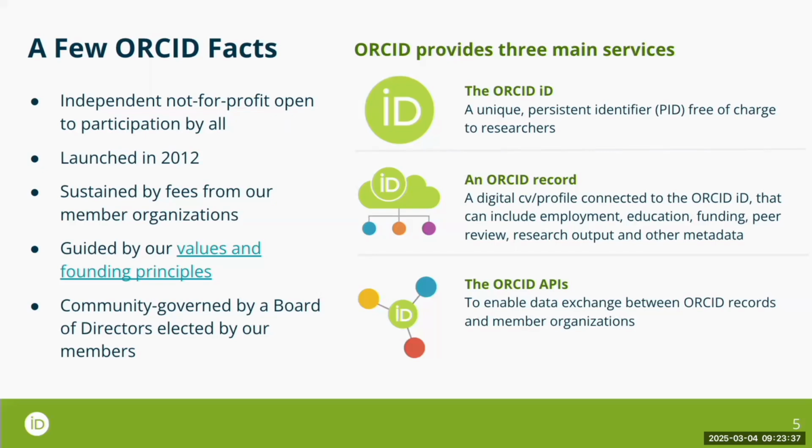ORCID, in short, provides three main services. The ORCID ID, which I hope everybody either uses or has heard about, is a unique PID for researchers. The second is the ORCID record.